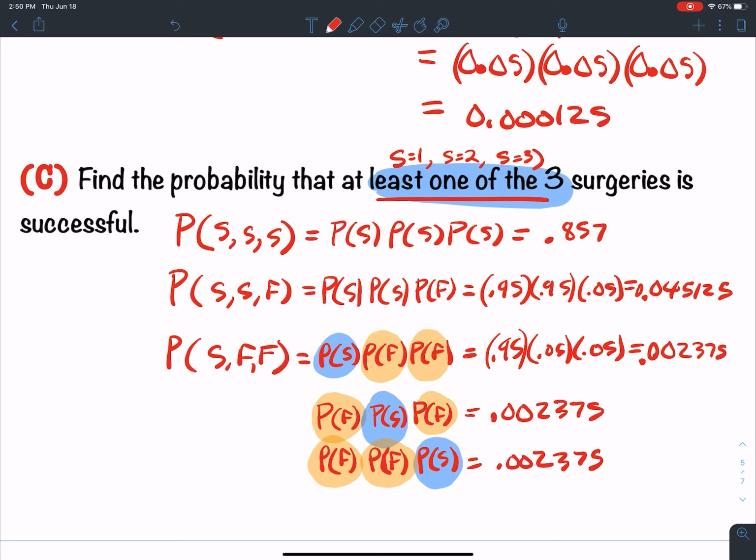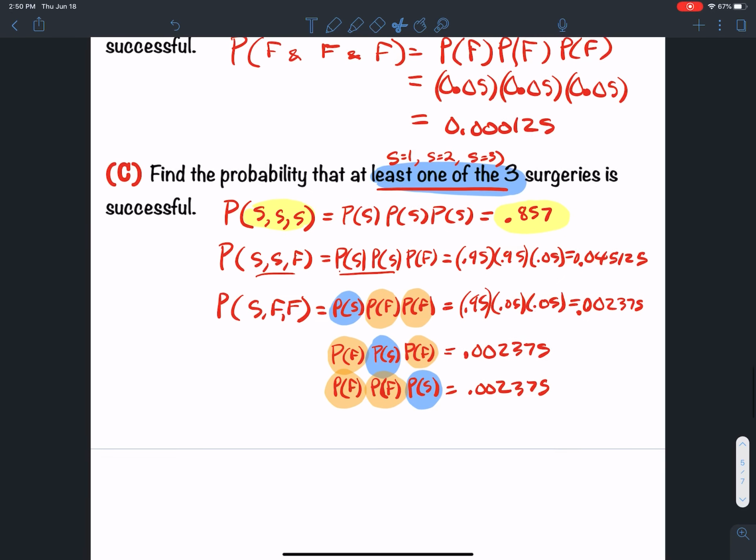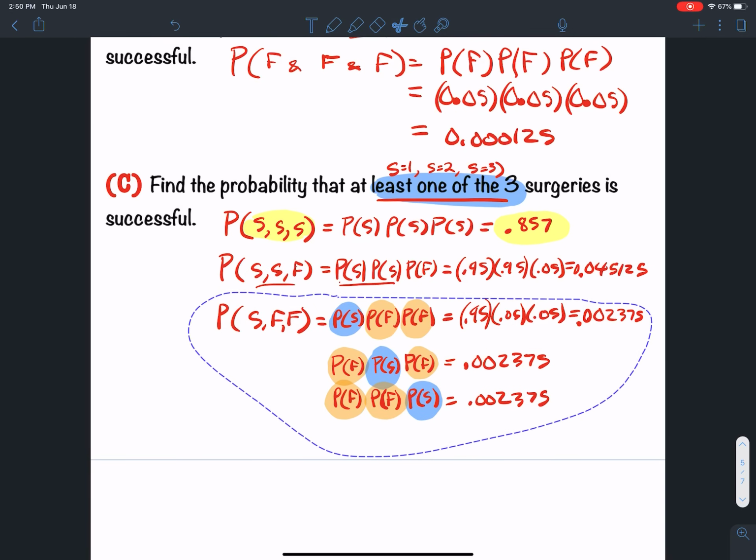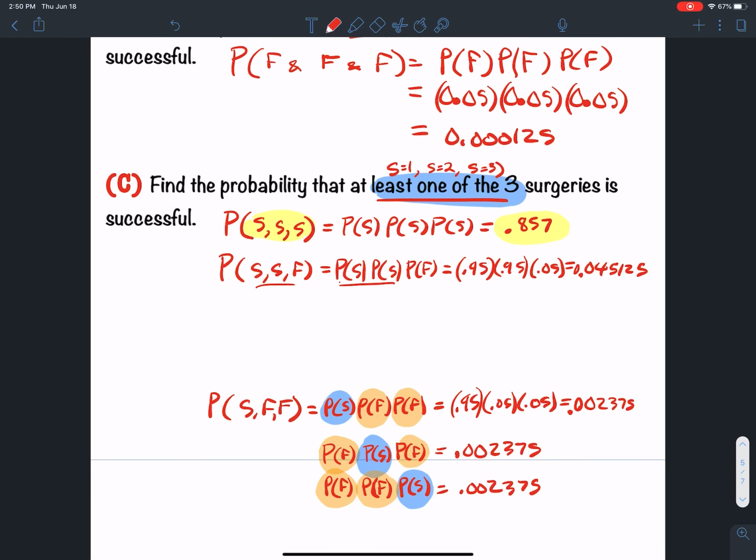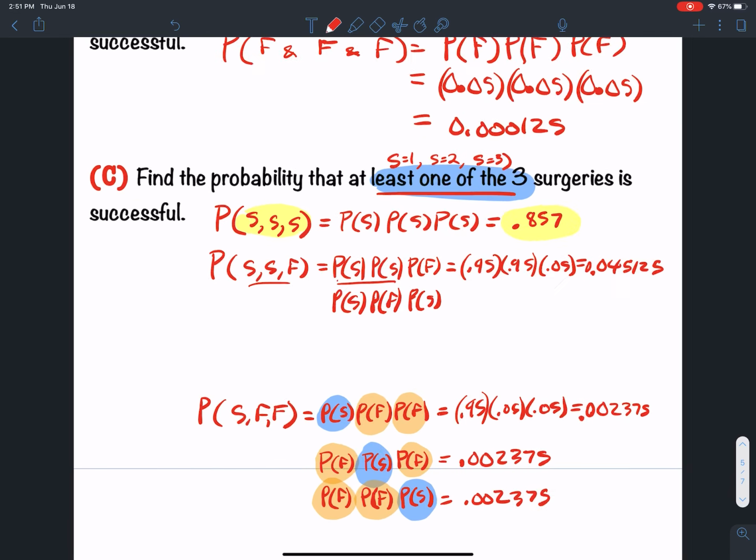Okay? Now there's only one way to get 3 successes, and that's what that probability is here. But this one, I can have two successes. I can rearrange this another way as well. How so? Well, I could have probability of success and then a probability of failure and a probability of success here.